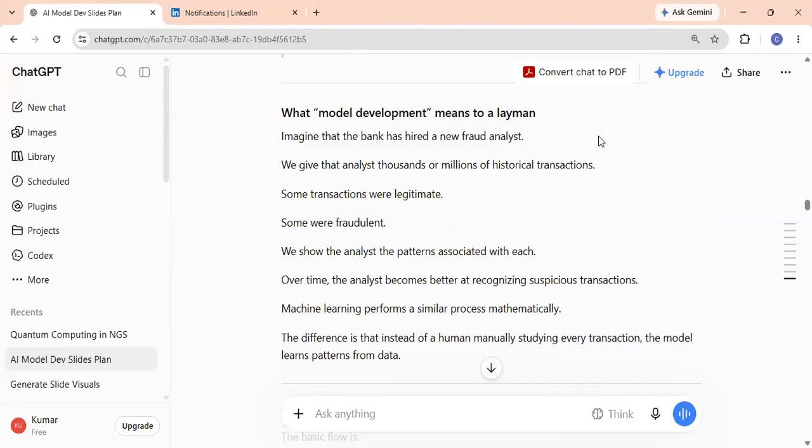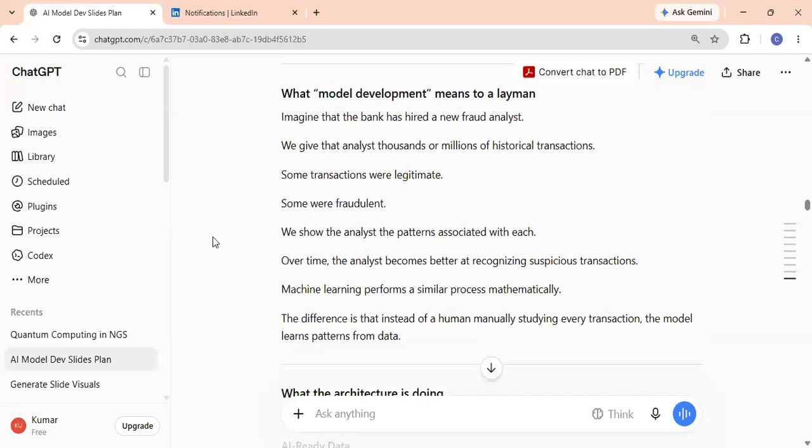Some transactions were legitimate, some were fraudulent. Why? Because we gave the analyst past history data to evaluate how to identify fraudulent transactions and take a decision. It is a kind of training we give to the analyst in the beginning.